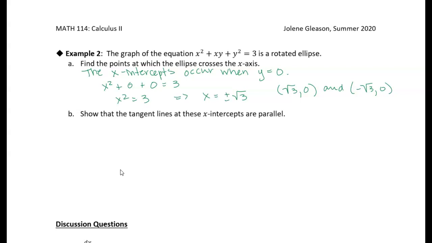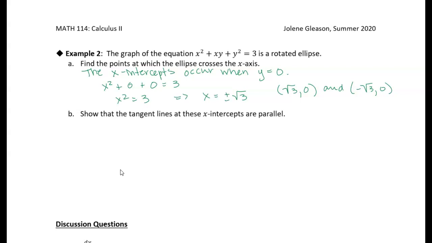And now the next part just asks, show that the tangent lines at these x-intercepts are parallel. Okay, so what do we know about parallel lines? Parallel lines have to have the same slope, right? And the slope is delta y over delta x, or for a curve, the instantaneous rate of change of y with respect to x, right?